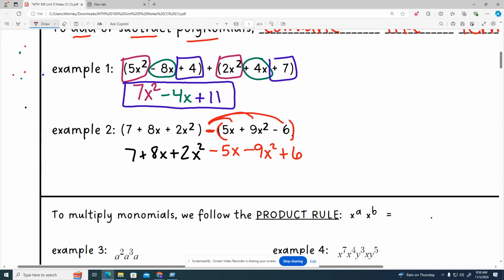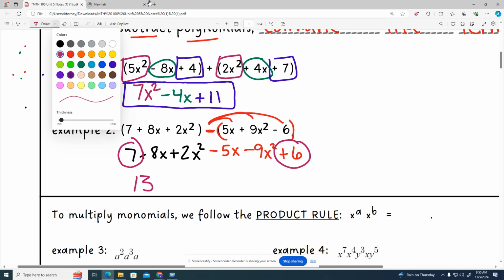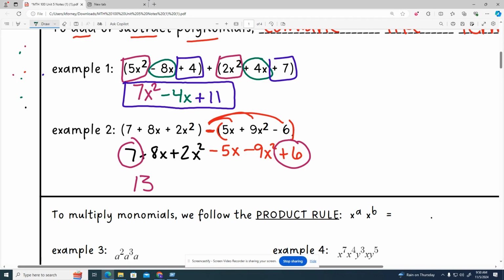So, looking at the positive 7, what can I combine with 7? 6. And 7 plus 6 is 13. Then we have positive 8x. That was a plus 8x. And that can combine with a minus 5. Positive 8 minus 5 is a positive, so plus 3x.